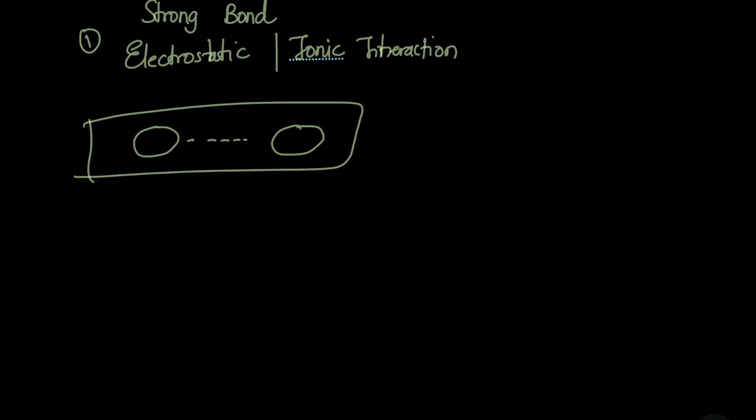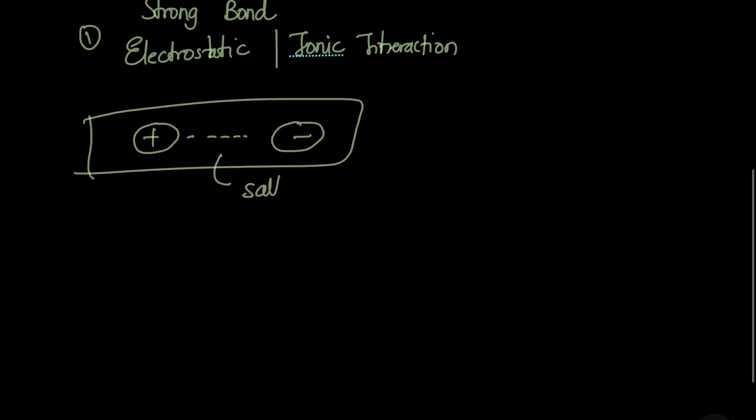Electrostatic interaction between the oppositely charged groups within or between the molecules is termed as a salt bridge. This facilitates the binding of charged molecules and ions to proteins and the nucleic acid.